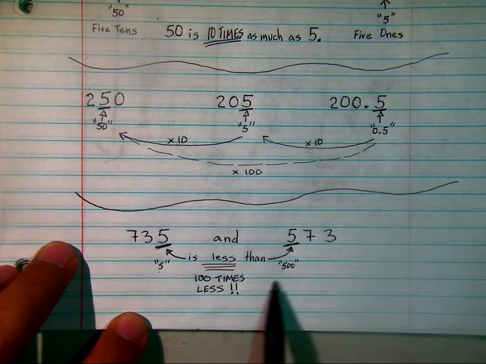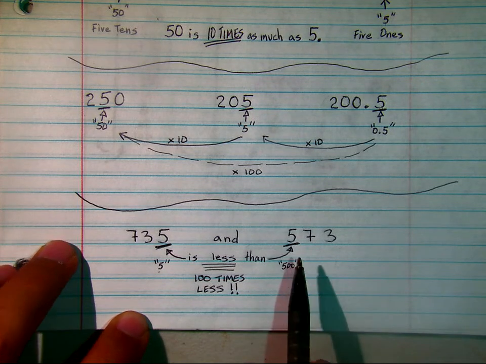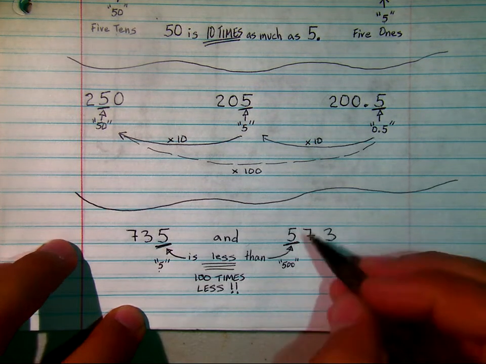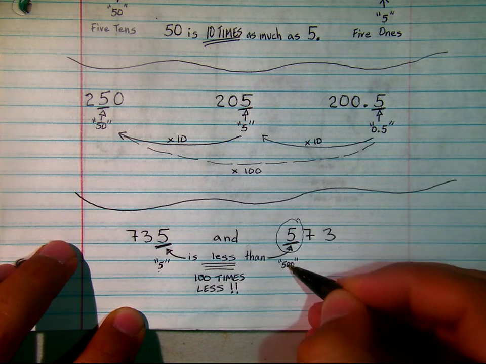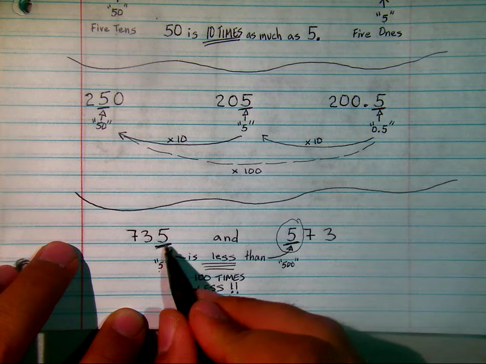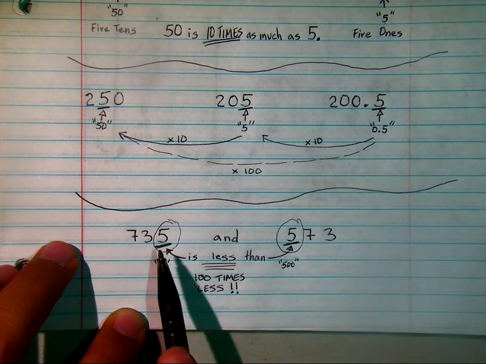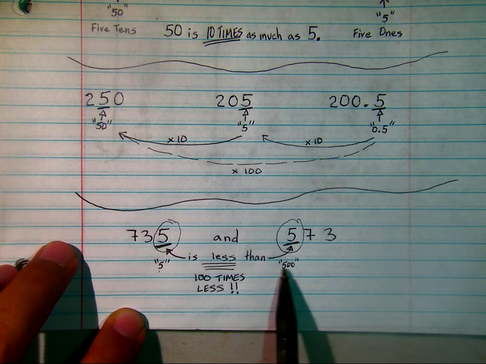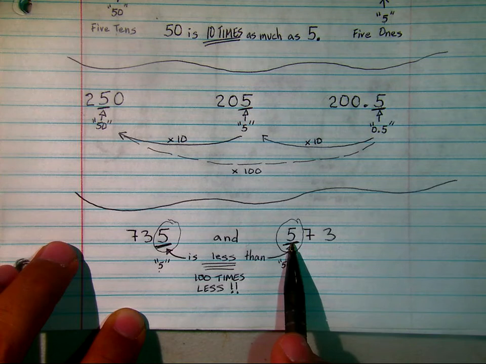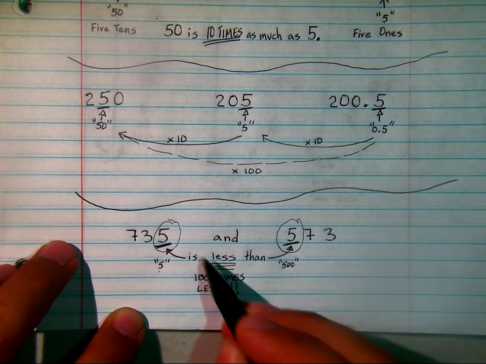And that brings us to part 2, because the other part of this standard is not just recognizing that this 500 is 100 times more than this 5, but that equally we have to be able to explain that this 5 is 100 times less than this 5. So we're going to stop here, and part 2 is going to pick up where this leaves off.